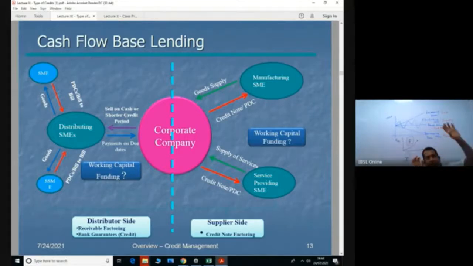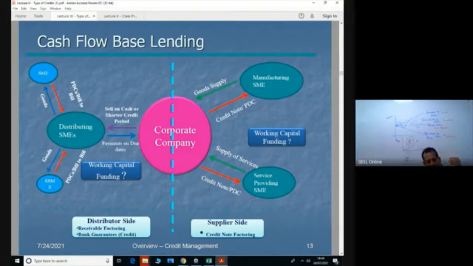For any supplier to a corporate, once they supply the goods, normally corporates take credit, 30, 60, 90 days credit. The SME will have to wait for the money. So there will be a working capital requirement for this customer.